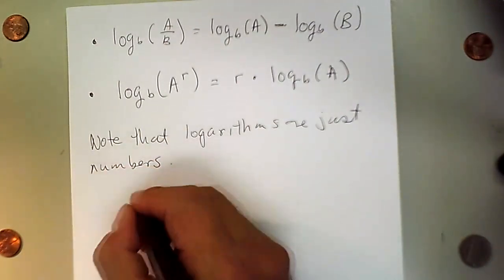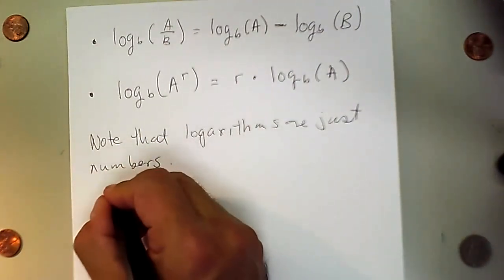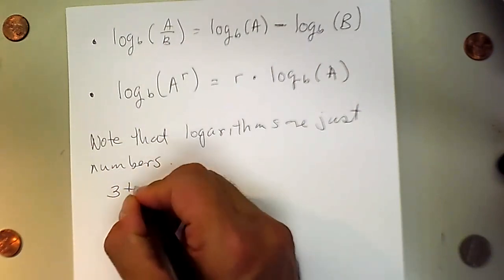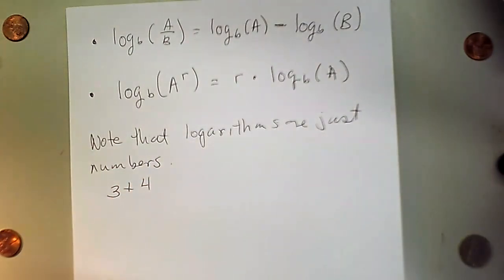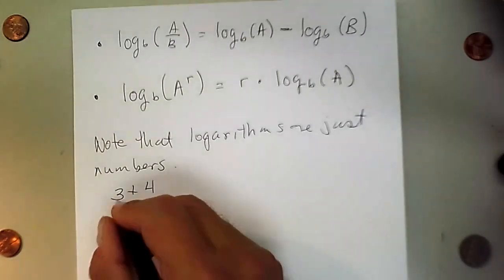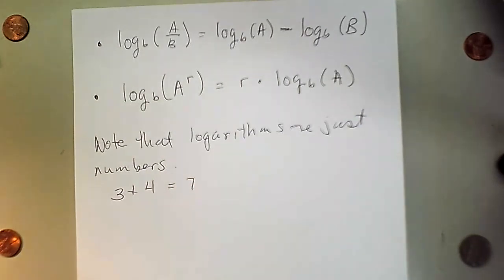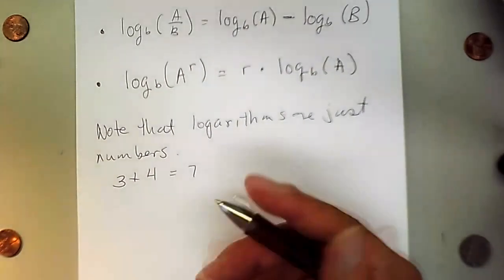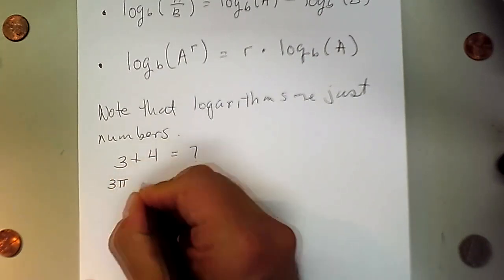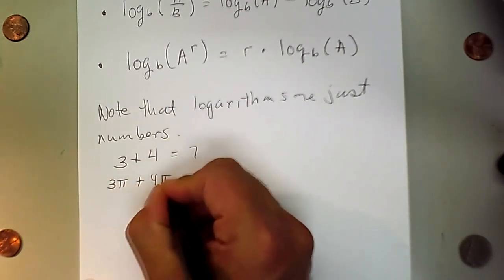Let me give you some examples of numbers. So some numbers like 3 are easy to think about, and you can add, because we saw those numbers all the time since we were in elementary school, since we were very young, and we know how to handle that, of course. And then as we move on, we get into more complicated numbers such as 3 pi, and then 4 pi.